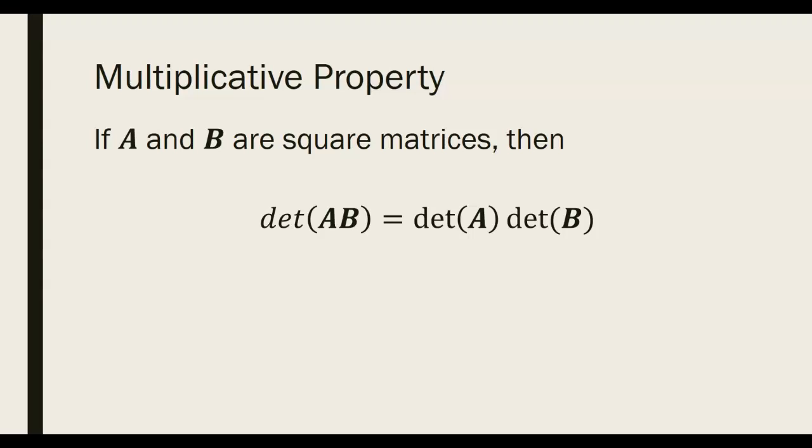If A and B are square matrices, obviously both the same size for this to work, then the determinant of A times B is the determinant of A times the determinant of B. While we know that A and B don't commute, the determinant function can in some sense distribute over multiplication.